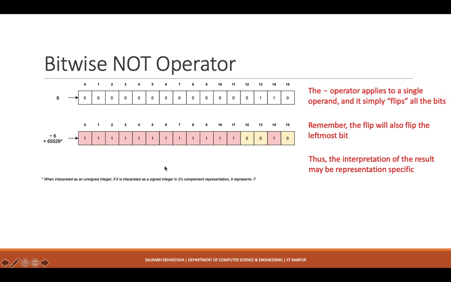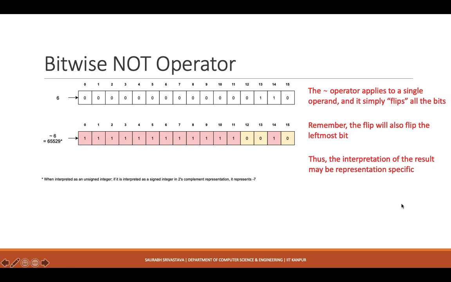And if you start considering it as a 2's complement representation of a signed integer, that is an integer that has a sign as well, then this comes out to be -7. You don't have to worry much about why it comes as -7. For that you'll have to go into the detail of 2's complement representation, but the idea is the same set of bits can be interpreted in different fashions, as you know, whenever you have a 1 on the leftmost bit.